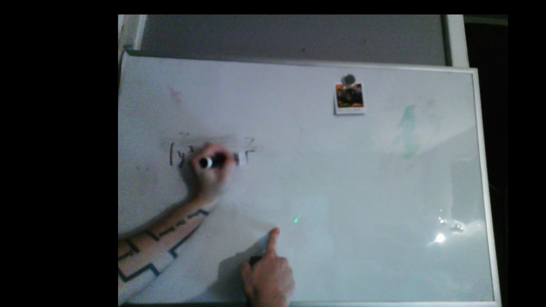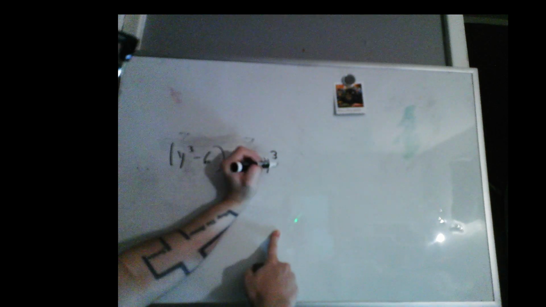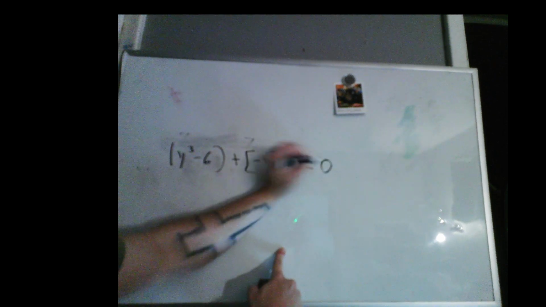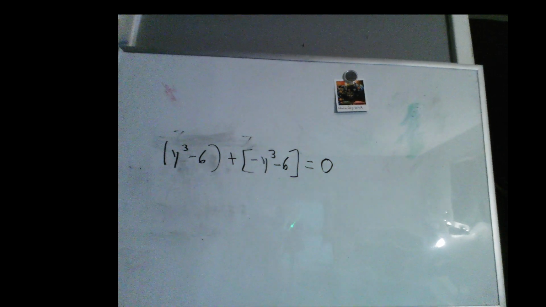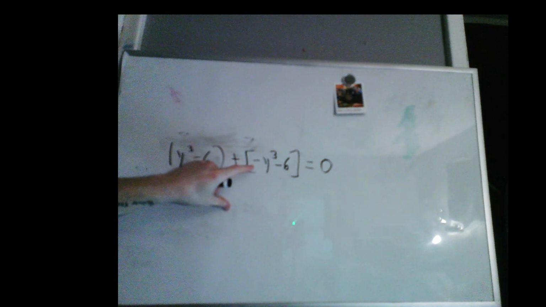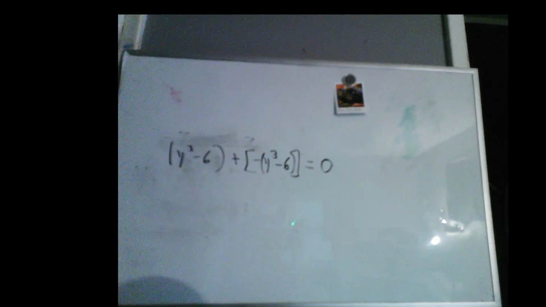The next equation is y cubed minus 6 plus, in brackets, negative y cubed minus 6 equals 0. And again, we have the same options. Let me make sure I did this right. Negative, there we go, equals 0.